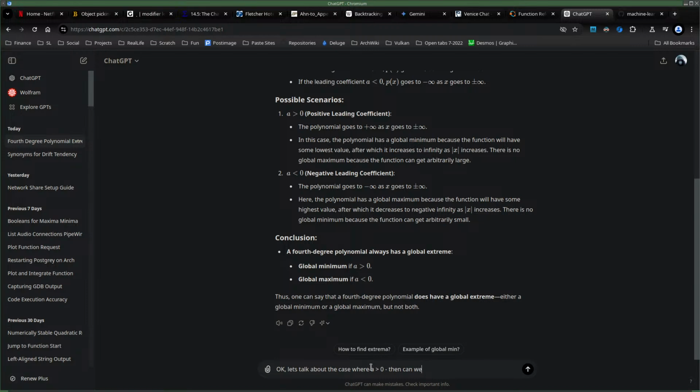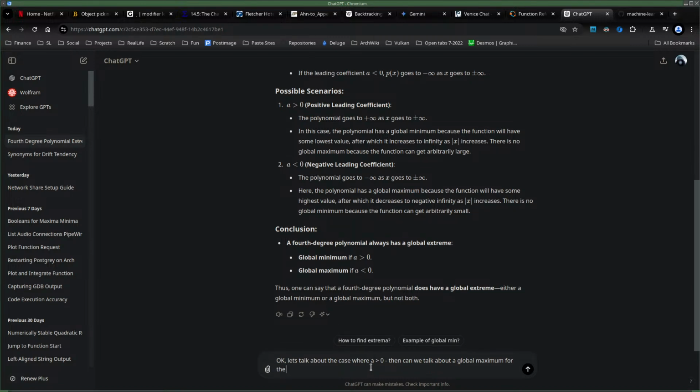Then can we talk about a global maximum for the point with derivative 0 and second derivative, what is that, negative I guess, less than 0.